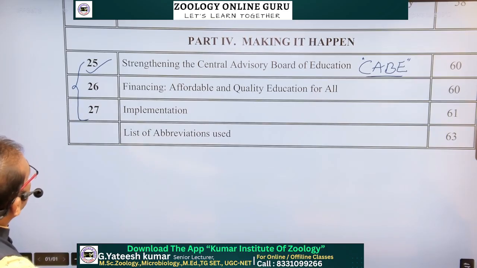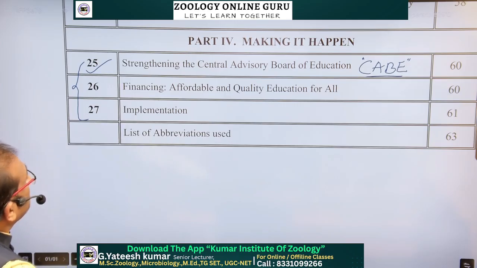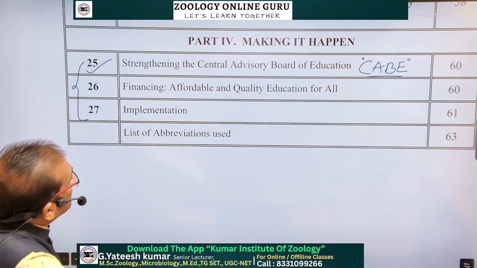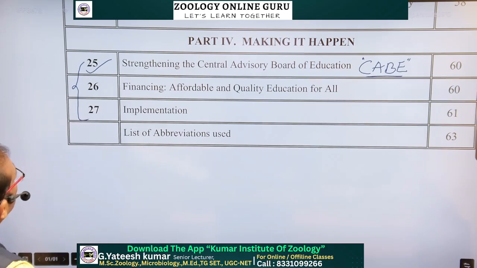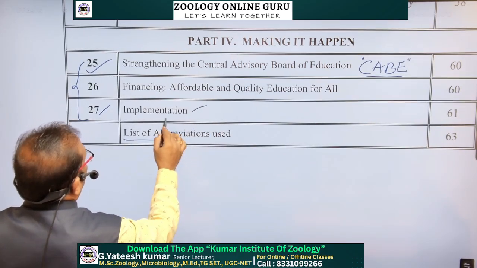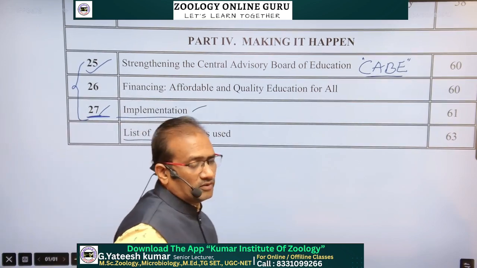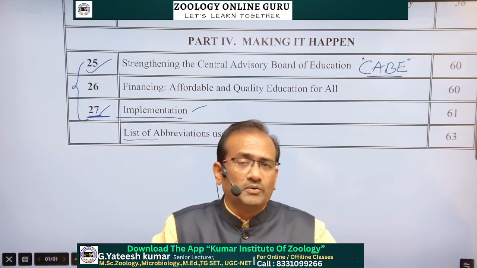And the 26th chapter, financing an affordable and quality education for all. Next, chapter 27, implementation. All are present up to here. 27 chapters are present in the main document of NEP 2020.